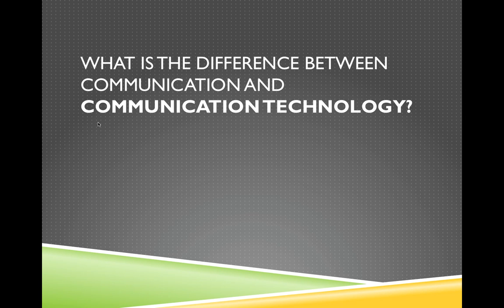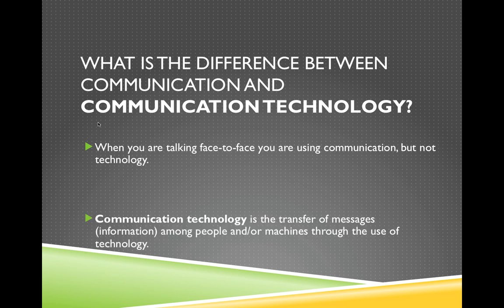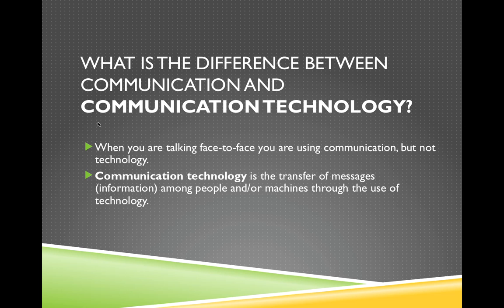And the main difference between the two is one of them is, again, face to face, where we're not using anything but ourselves to communicate. And the other one is using technology. Communication technology is to transfer messages between someone or something to another.